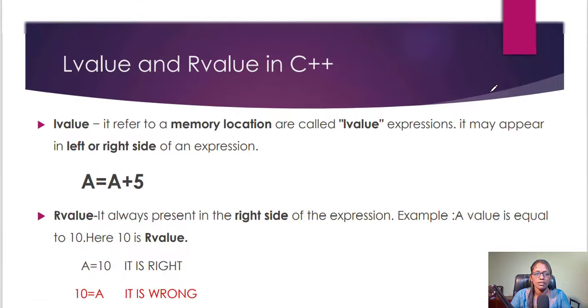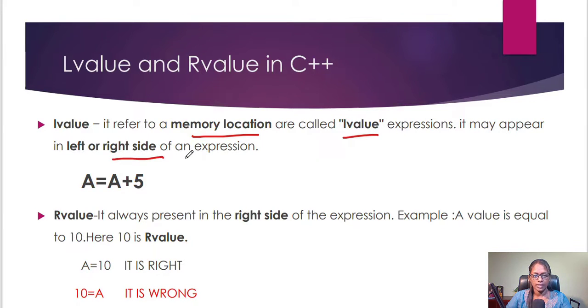And what is L value and R value in C? The next one. L value is nothing but the left side value, and R value is the right side value in an expression. L value refers to the memory location, also called an L value expression. It may appear on the left or right side of an expression. For example, A is the memory location.